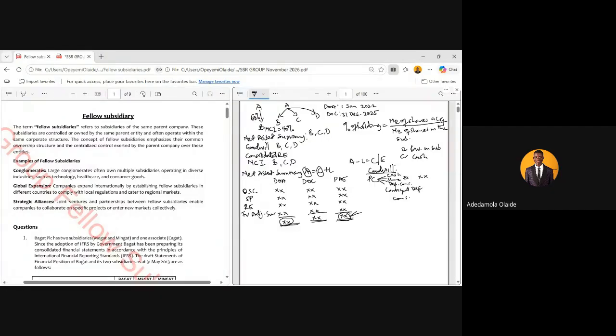So if that is the case, in share exchange, the double entry will still be debit investment in subsidiary.